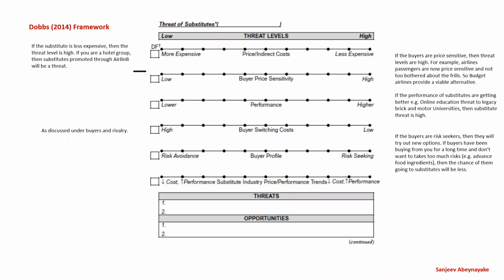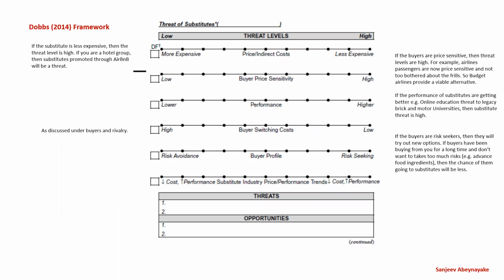The other one is buyer price sensitivity. In your industry, if the buyers are very price sensitive, they will always look for a cheaper alternative, which means the threat of substitution might be very high.